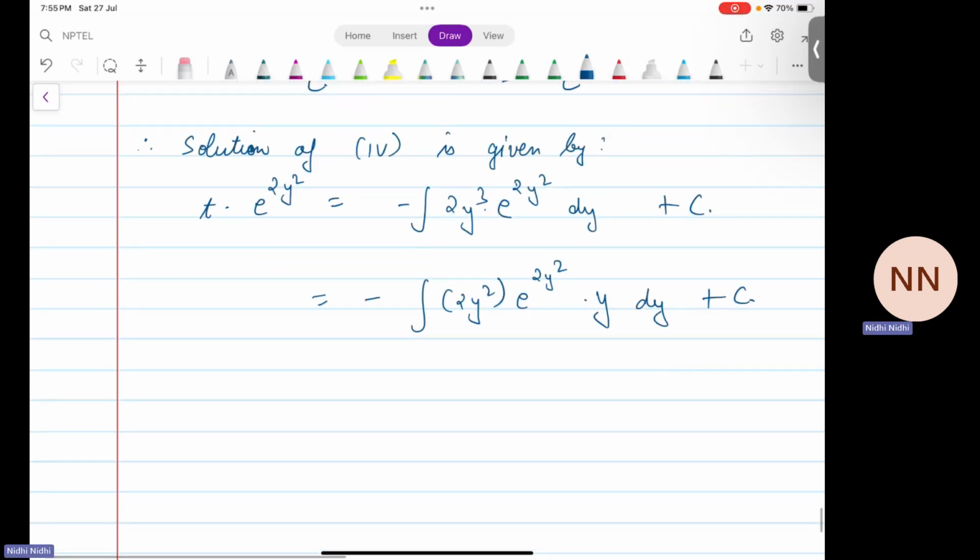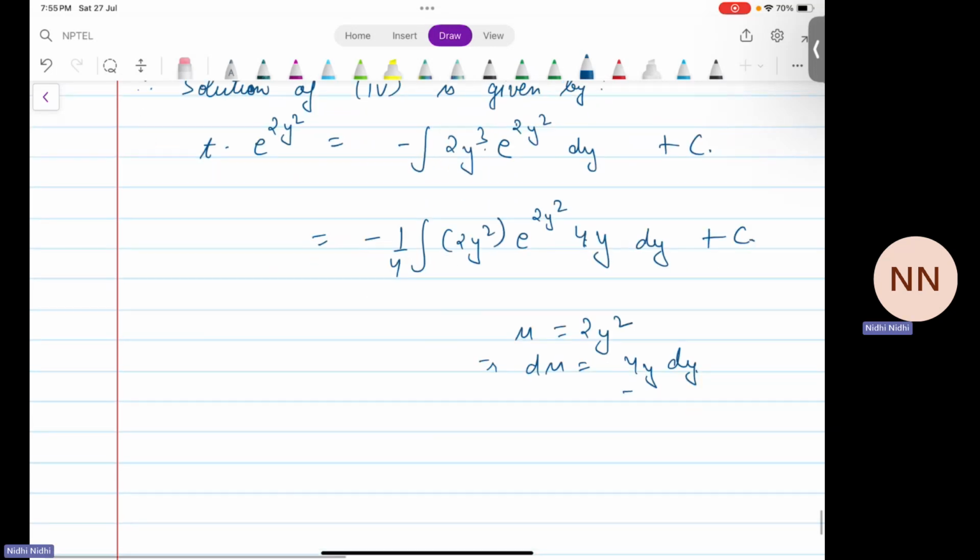Now if we take the substitution u equals 2y square, we get du is equal to 4y dy. So in order to get this 4y, I'll just multiply and divide by 4. This is equal to minus 1 by 4 integral u e to the power u du plus some constant c.